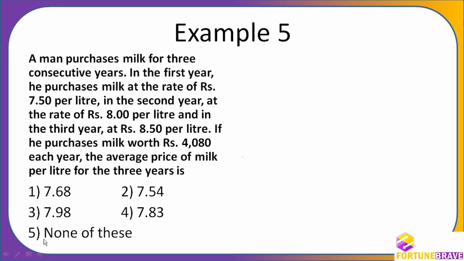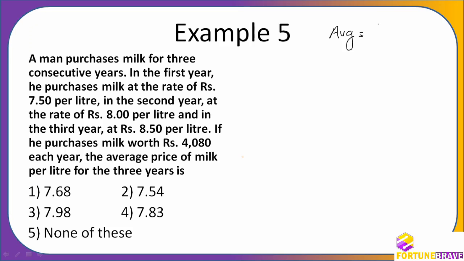We know that the total money paid per year is 4080 rupees. The amount will be the same per year, but the number of liters will be different. Therefore, the question will change. We have already understood that if they ask for the average of any price or speed, a rate is coming.